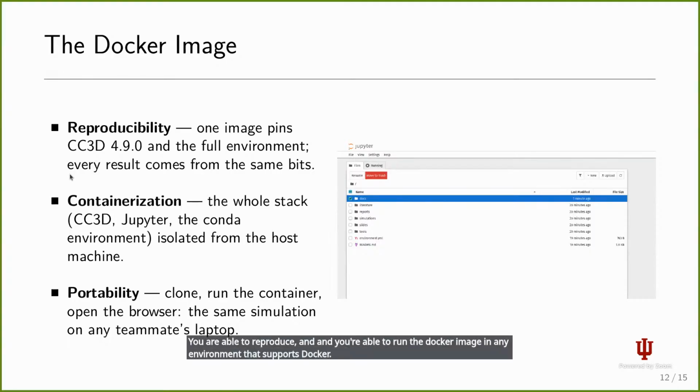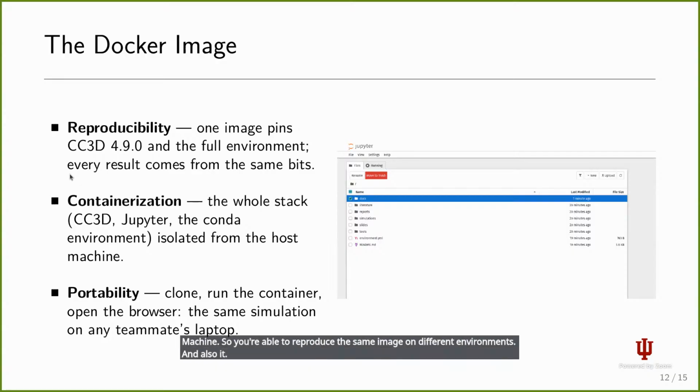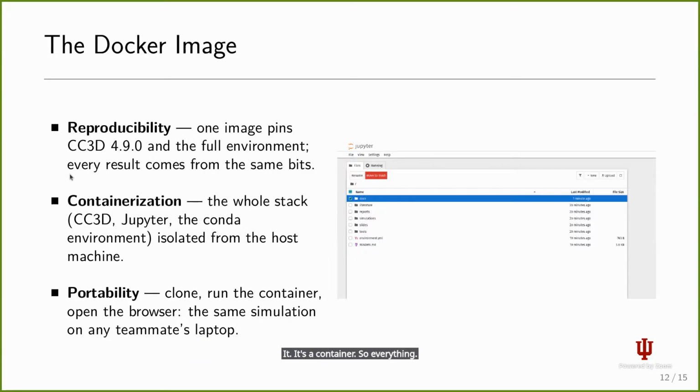Docker is kind of like a virtual machine, so you're able to reproduce the same image on different environments. And also it's nice because it's a container, so everything that you put in the Dockerfile will be runnable on the image.